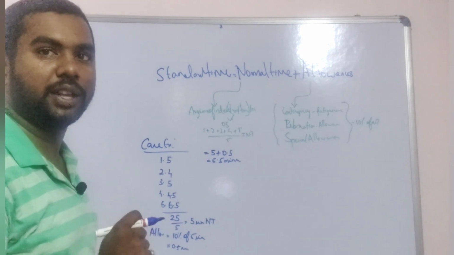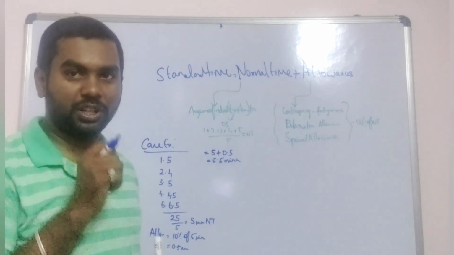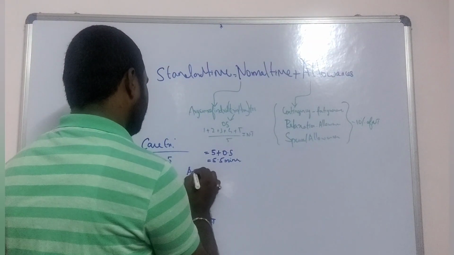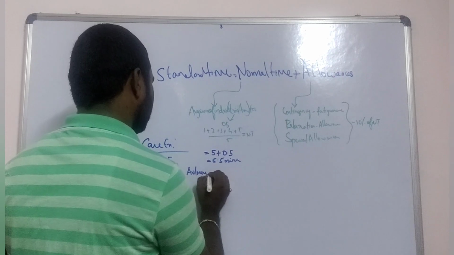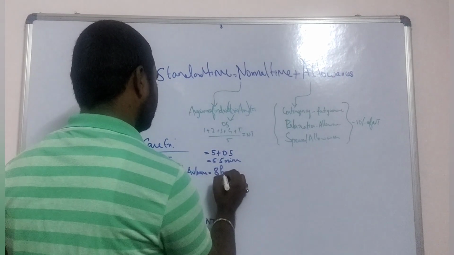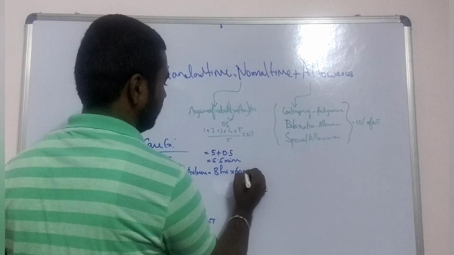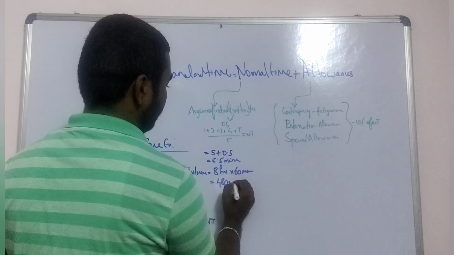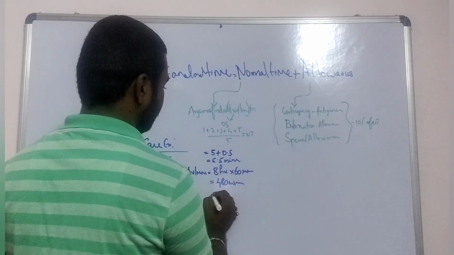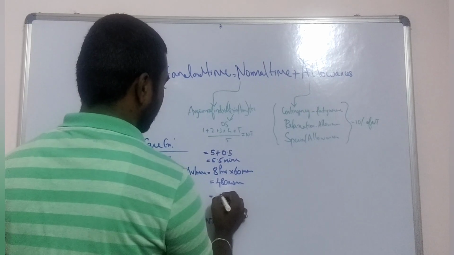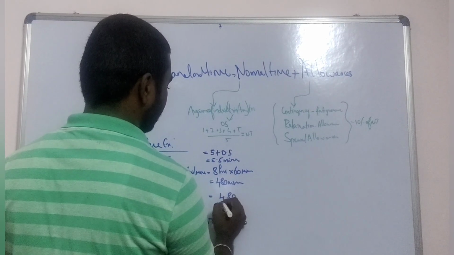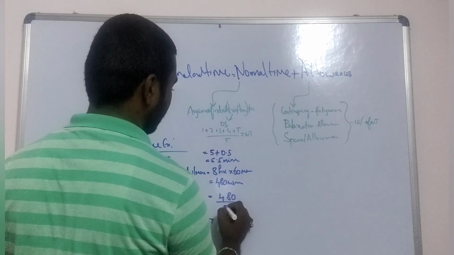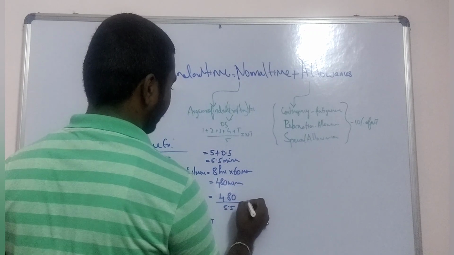With the help of this standard time, how do we calculate the production target for a shift? In a shift, the available minutes is equal to 8 hours times 60 minutes, which gives you 480 minutes. Now it is very simple. You can calculate the production target by dividing 480 by 5.5.